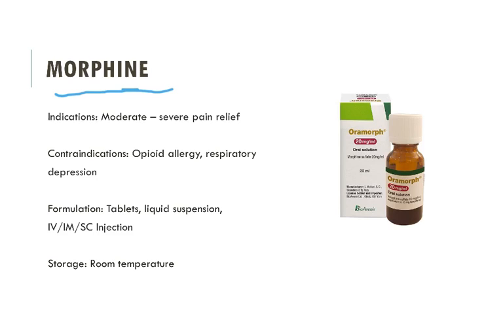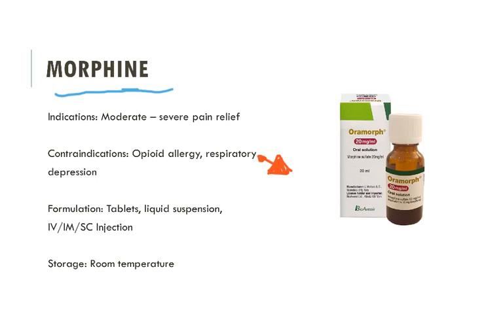And one of the red flags, I guess, with morphine that we need to be aware of is that it can cause respiratory depression. Okay, this means that our patients can ultimately stop breathing if they have a very large dose of it. So we need to be very careful when administering morphine and monitor our patients closely.